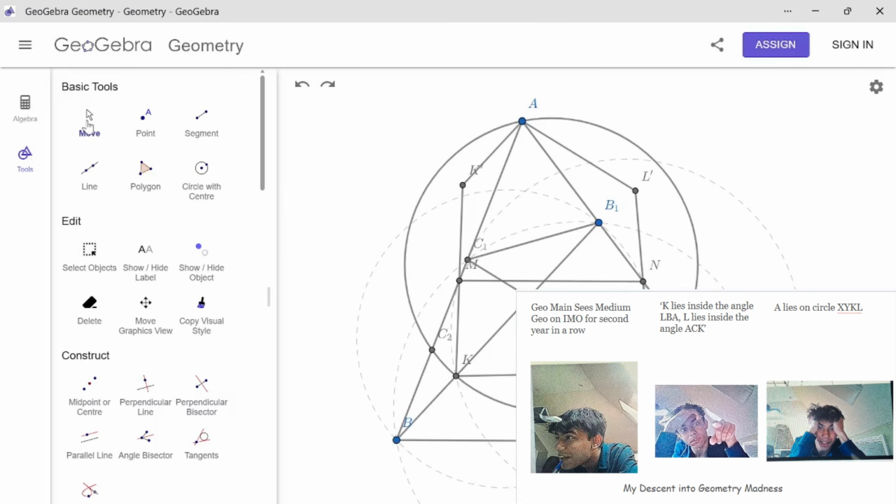Okay, we have the, okay, never mind. Okay, wait, is the circumcenter of AKL the circumcenter of ABC?